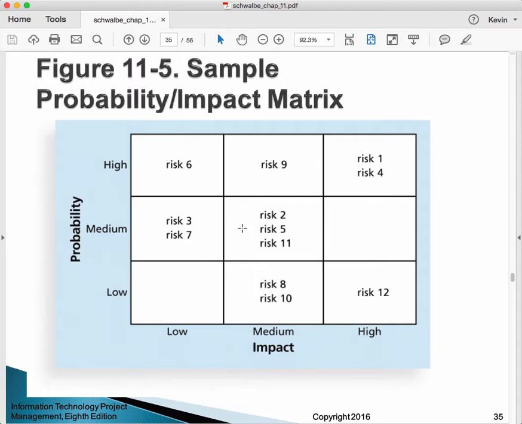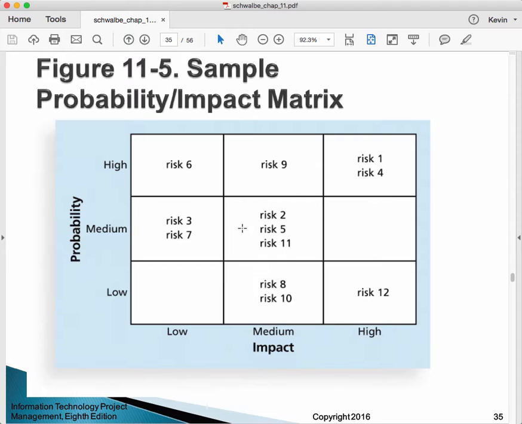So here is the classic probability impact matrix, right? On the y-axis, probability, how likely is it to occur? On the x-axis, impact, what's the magnitude of the damage that it's going to do?